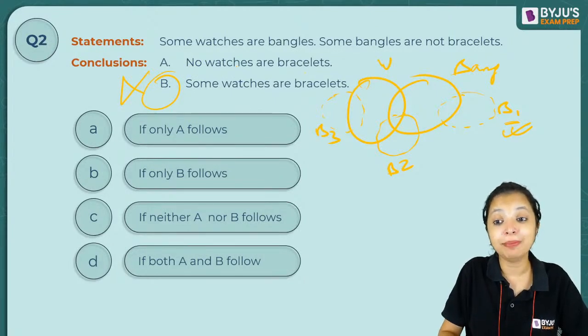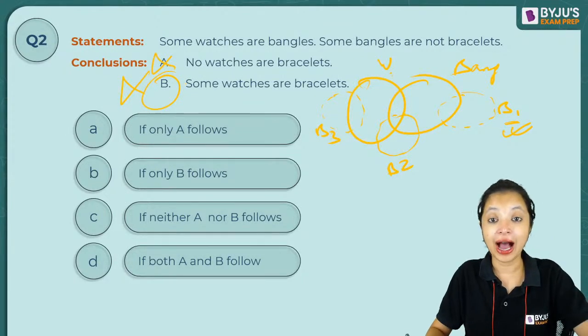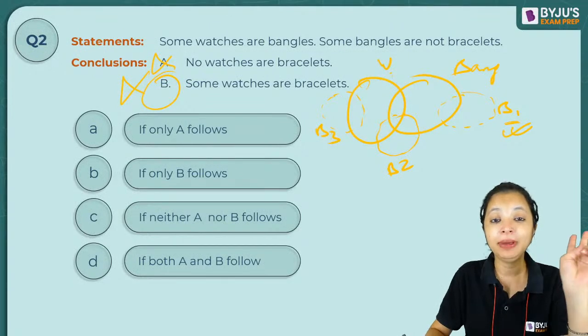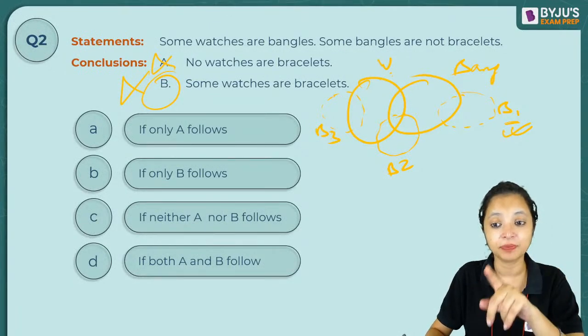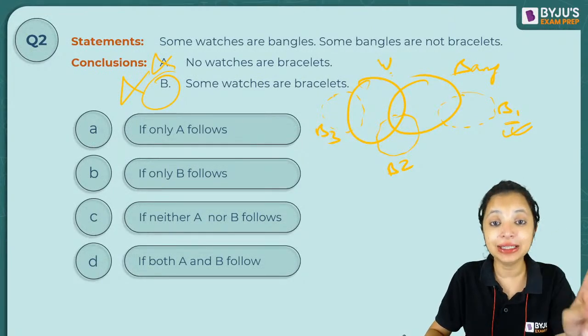No watches are bracelets is false in B3. So this is also a false conclusion. Our correct answer is that neither will be a correct conclusion. Anshika and Believer, you guys got it correct. My answer is neither of it.